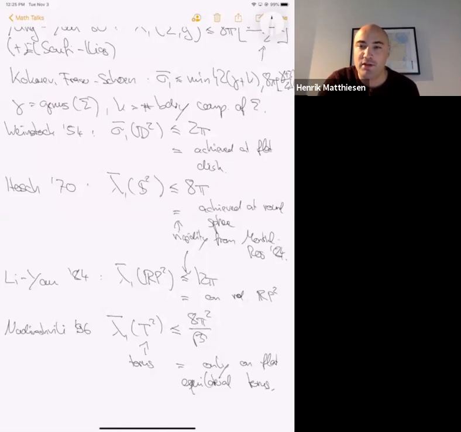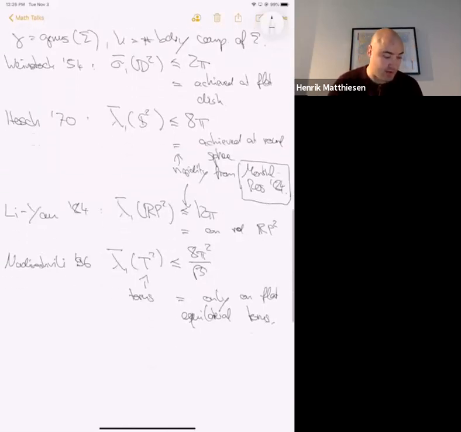That's not the way Nadirashvili's proof works. He proves that there has to be a metric maximizing this quantity, and then Montiel–Ross kicks in again and tells you that the maximizer has to be flat, at which point work by Berger gives you the exact value.